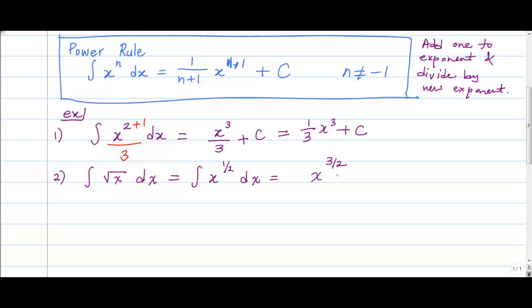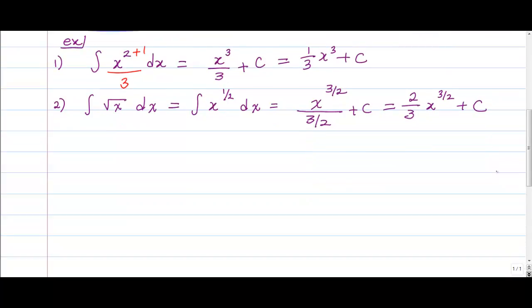And dividing by 3/2 gives me 2/3. We don't like to see those complex fractions, so we write it like this. Again, we added 1 to the exponent. 1 plus 1/2 gives me 3/2, and you divide by 3/2, which is the same thing as multiplying by the reciprocal 2/3.